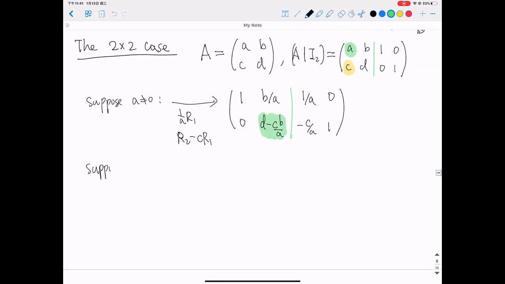Suppose this entry D minus CB on A is not 0, then I can turn it into 1. I can divide the second row by this entry, and that will give me this.